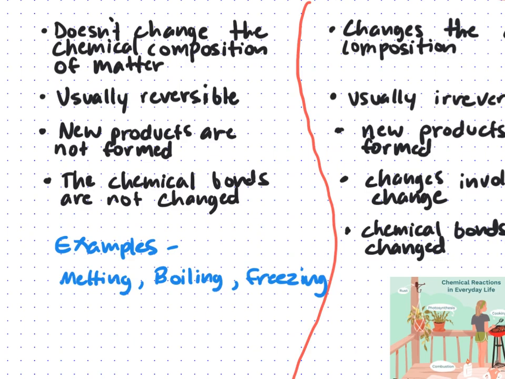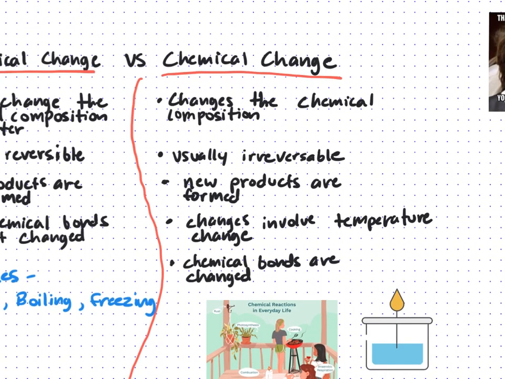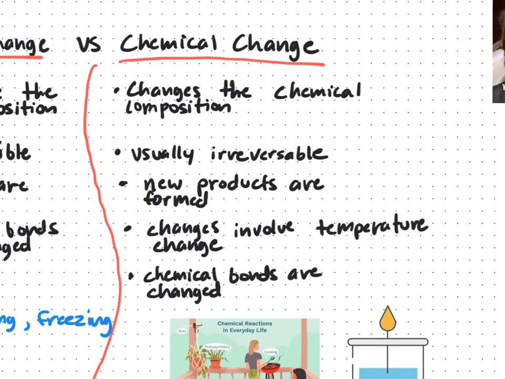In contrast, we have our chemical changes, and for the chemical changes we usually do have a change in the chemical composition. These are usually irreversible, meaning it's virtually impossible to undo them. New products are formed.